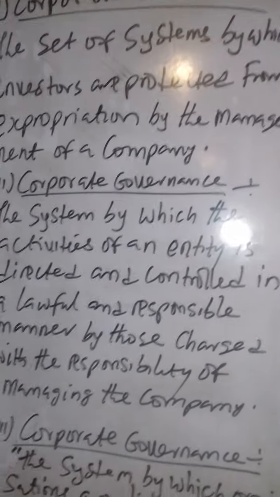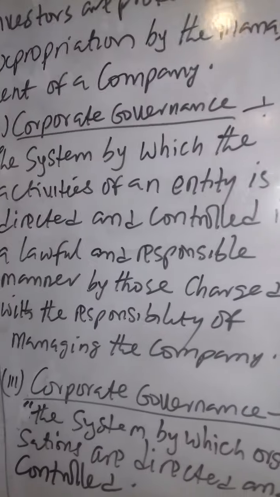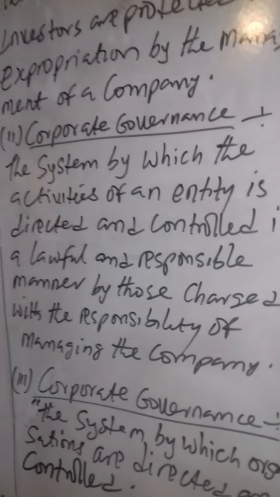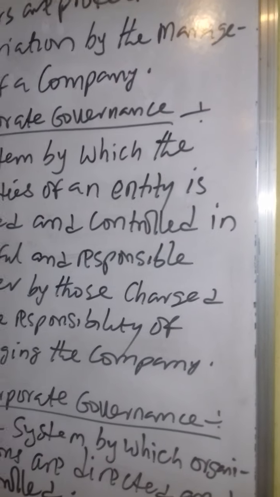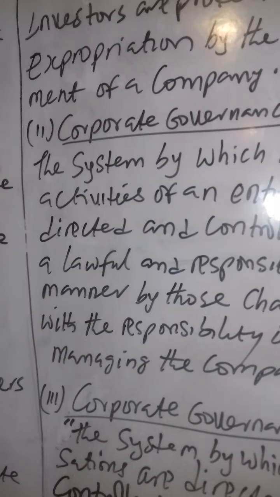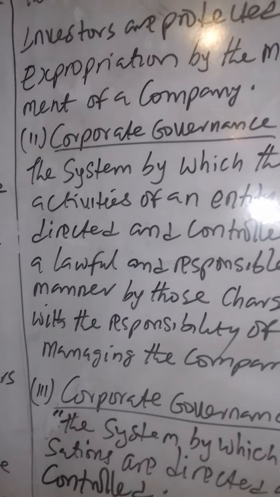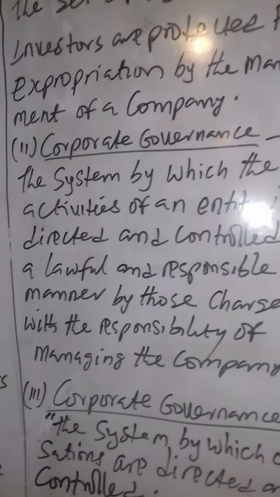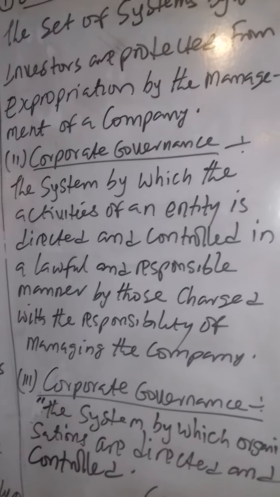I prefer the second definition. This definition says corporate governance is a system by which the activity of an entity is directed and controlled in a lawful and responsible manner by those charged with the responsibility of managing the company.